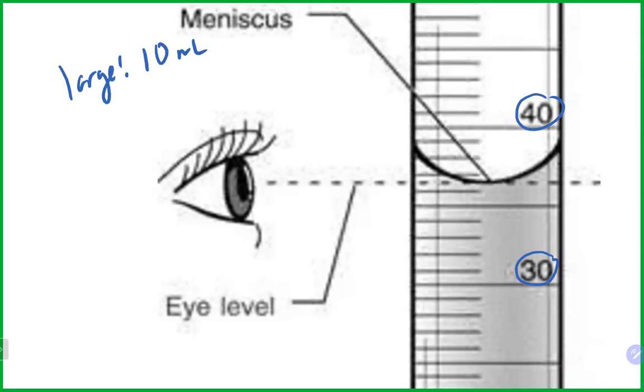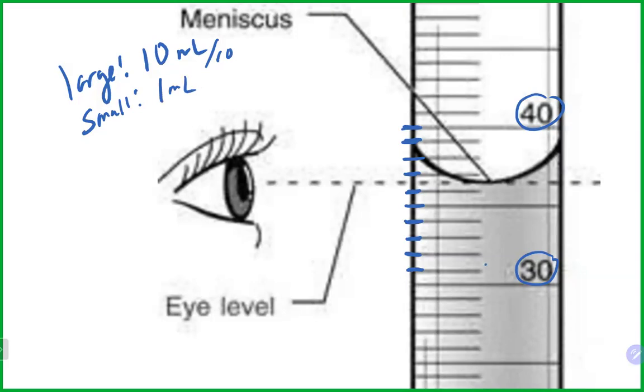If we count up our small markings, we have 1, 2, 3, 4, 5, 6, 7, 8, 9, and 10. So we do have 10 markings, and that means each of our small markings in this case is going to be 1 milliliter.